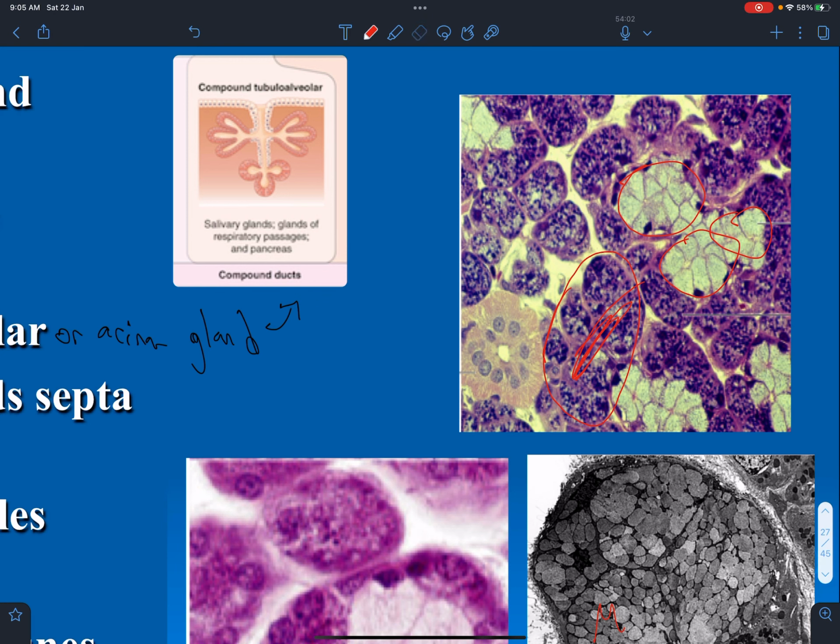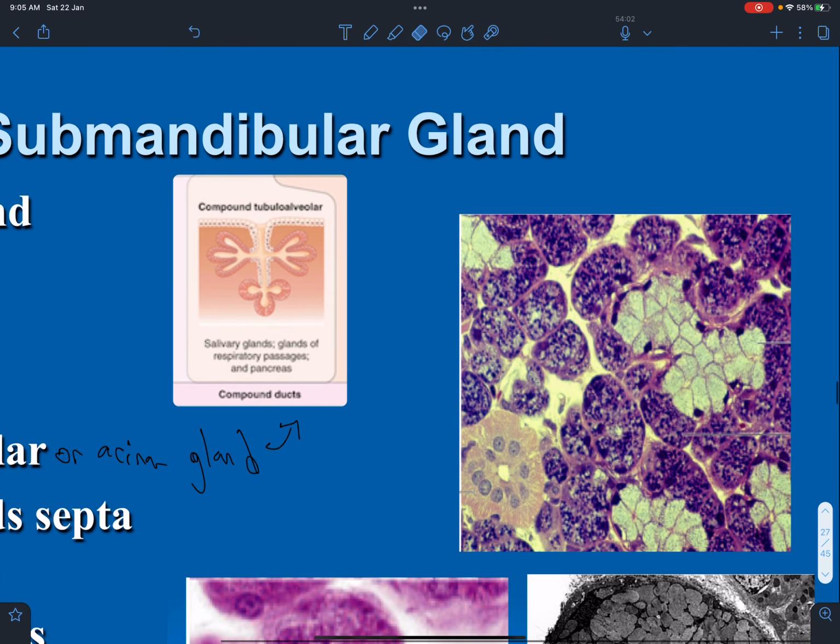What do I mean? For example, let's say your submandibular gland contains, an imaginary number, 60% serous and 40% mucus, okay? They're a mixture of both. They're a mixed gland. They contain both serous and mucus. However, the majority of cells that make them up are serous, since they predominate.